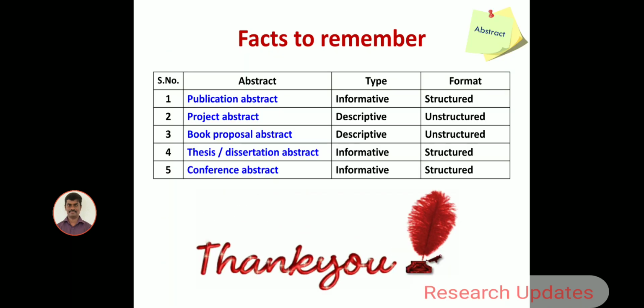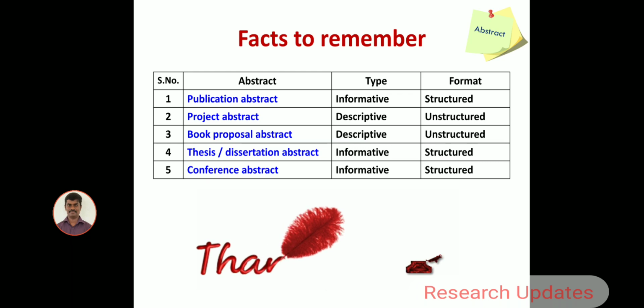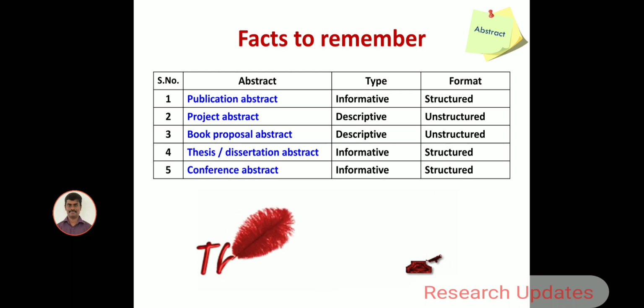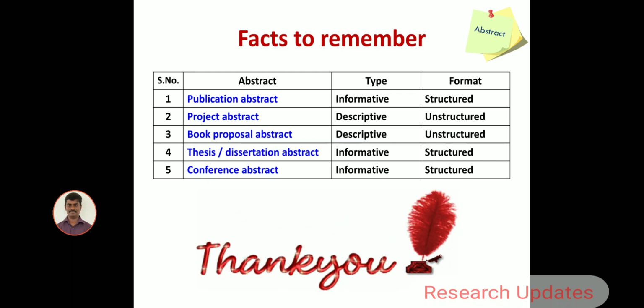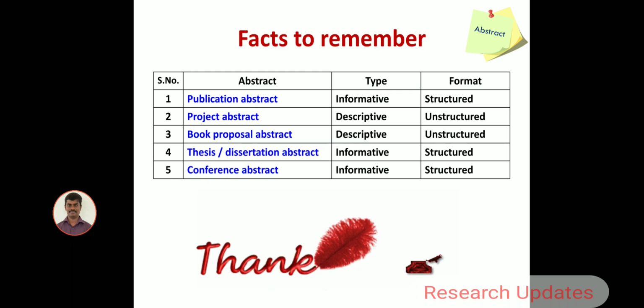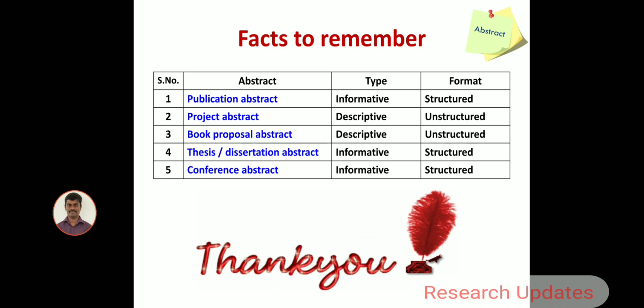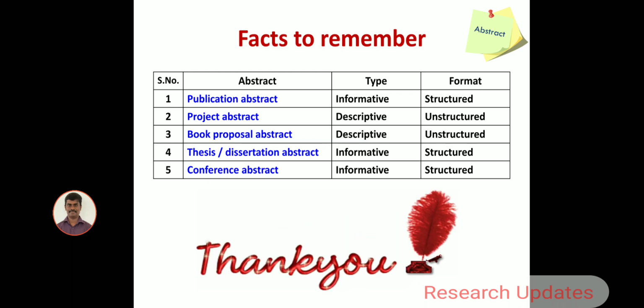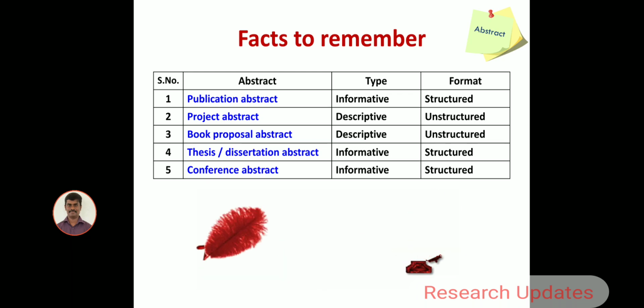And here are some of the facts to remember while preparing an abstract. A publication abstract will usually be of the informative type and structured format, whereas a project abstract will be descriptive and the format is unstructured. A book proposal abstract will also be descriptive and unstructured. Thesis and dissertation abstracts are informative type and structured.